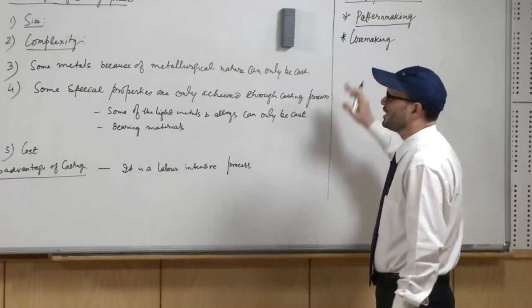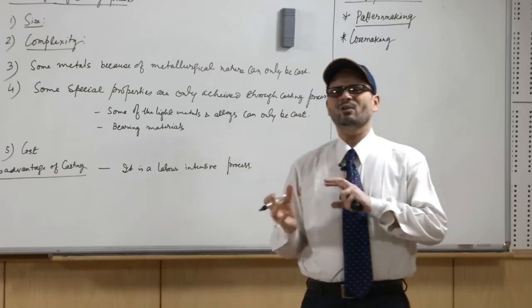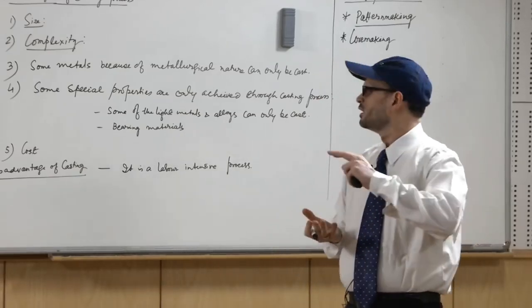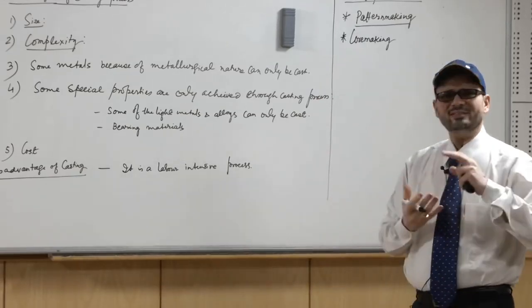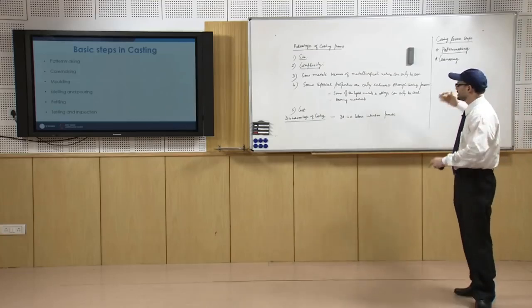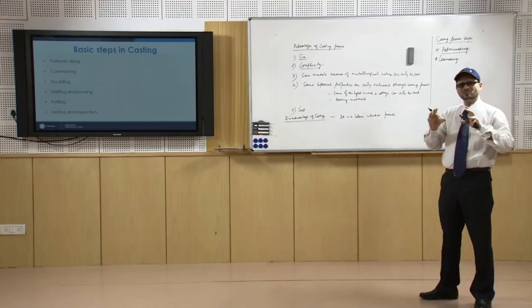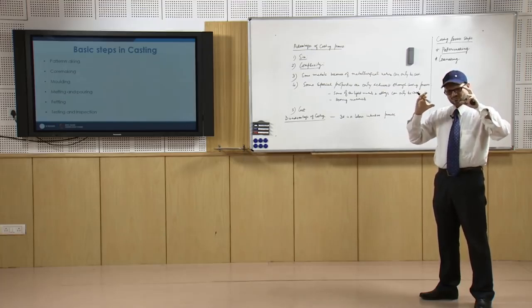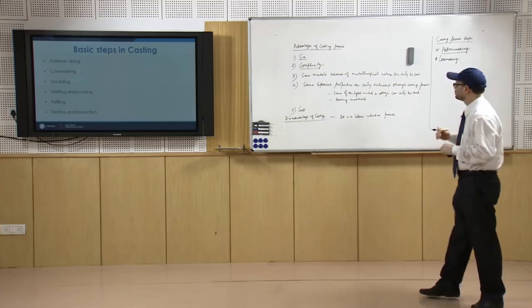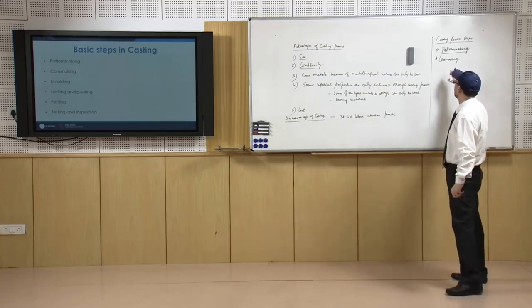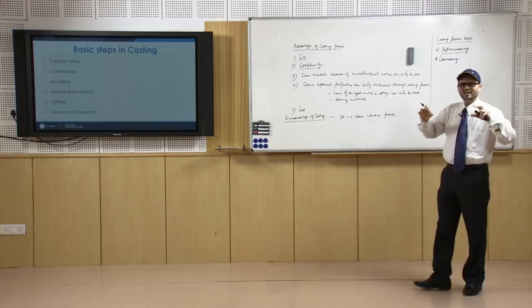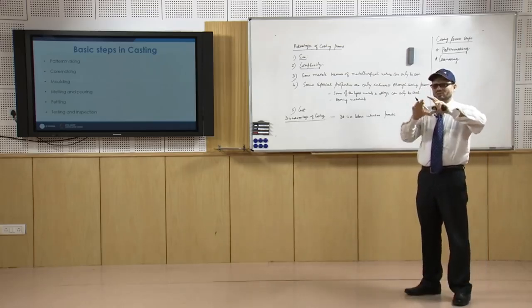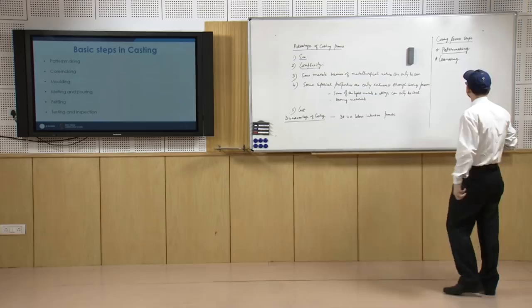For this core making you need the core boxes, and even the pattern making unit is also in tandem, but the core making section is separate. It is responsible for making the cores and keeping the cores in a proper shape and temperature, so that it can be used whenever you have the mold ready and you have to place this core in the cavity.